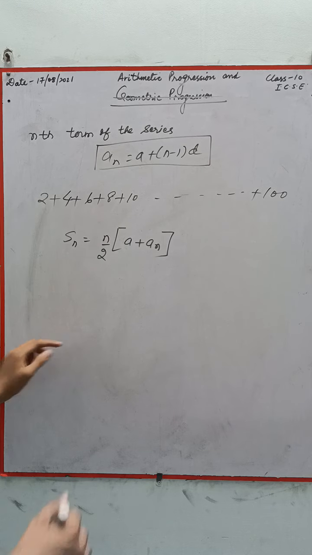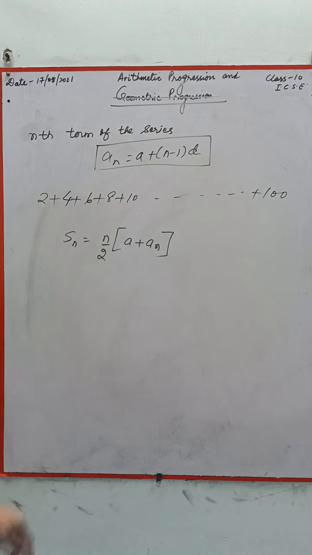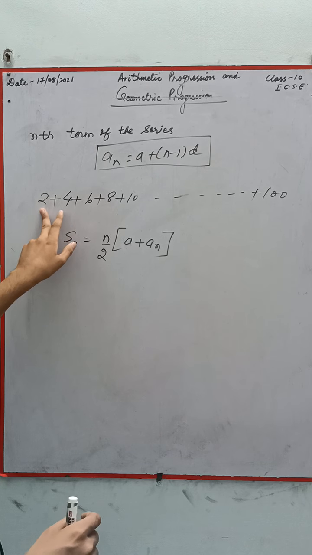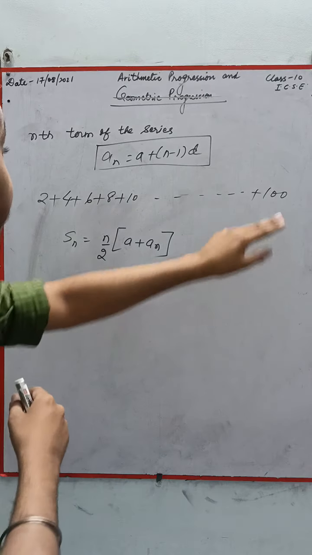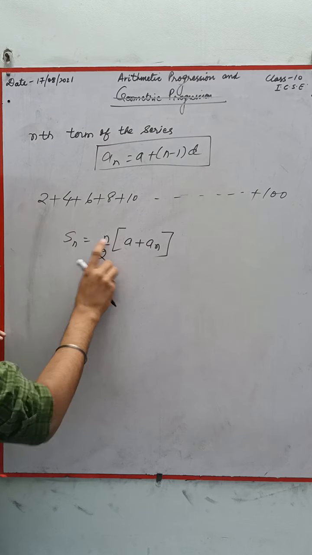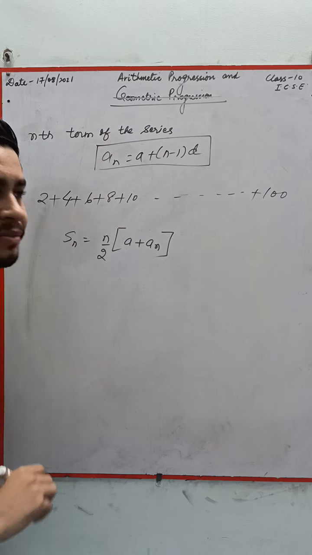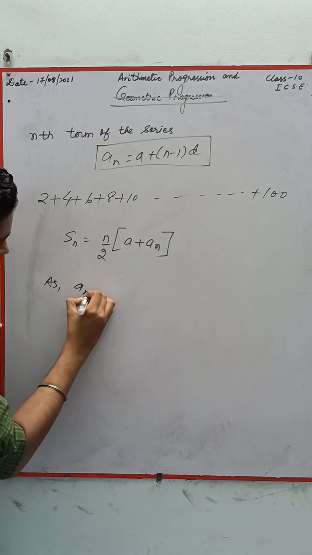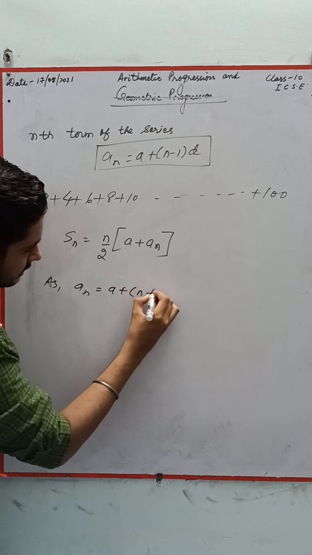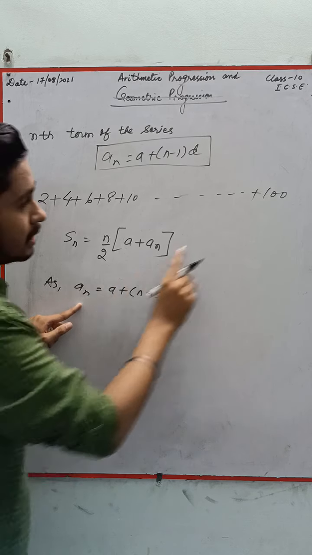Now, how many n are there? First we need to find n, the number of terms, how many terms are there, then only can we write n. So how will you find the value of n? As we know, an is equal to a plus n minus 1 into d. What is an? The last term.